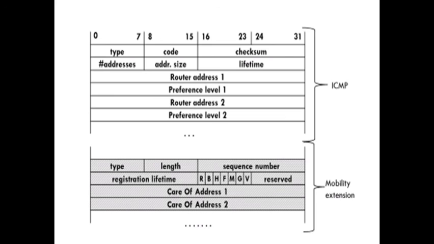This is how all the foreign agents will advertise their presence whenever a mobile node moves out of the home network. By looking at all these ICMP packets, all these advertisements from the foreign agents, the mobile node can now choose the best one to stay in that location.